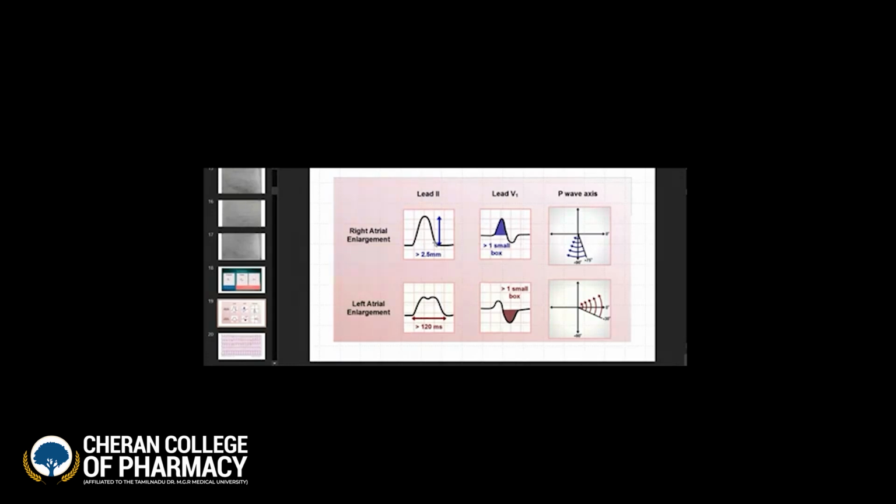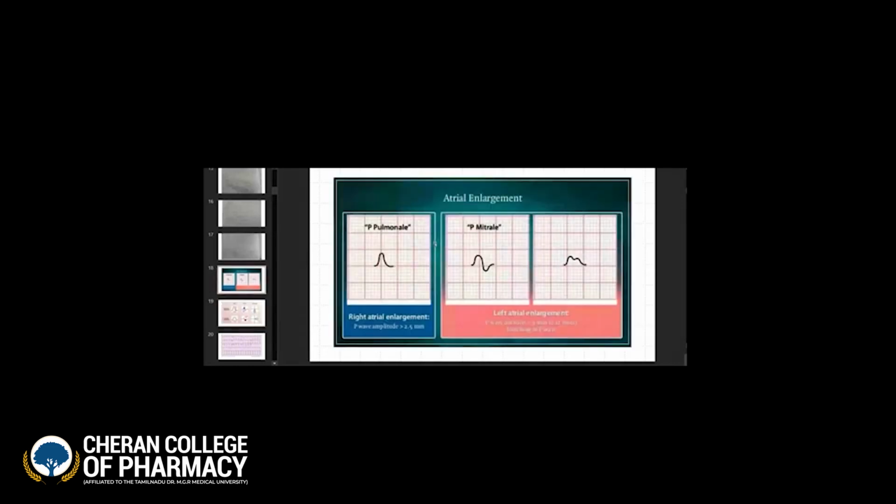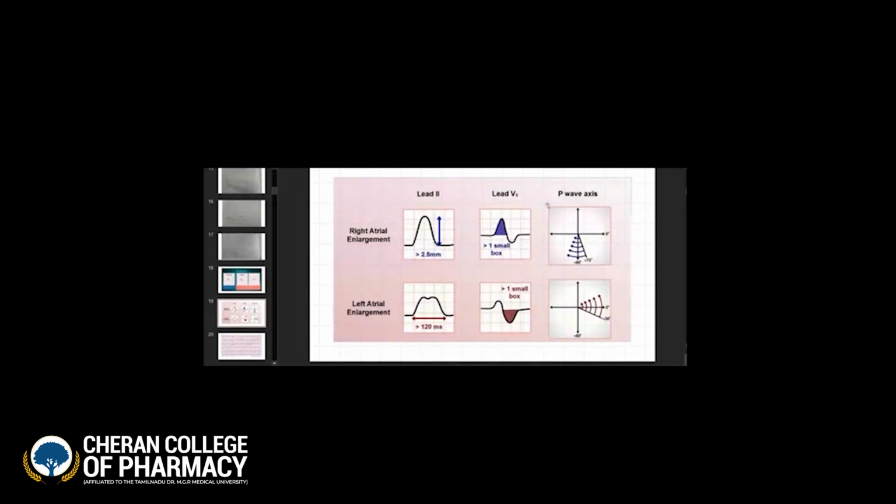You need to check the patient's chest x-ray as well, because you can see hyperinflated lungs if you are interpreting right atrial enlargement, 70 to 80%. P pulmonale is also known as cor pulmonale.